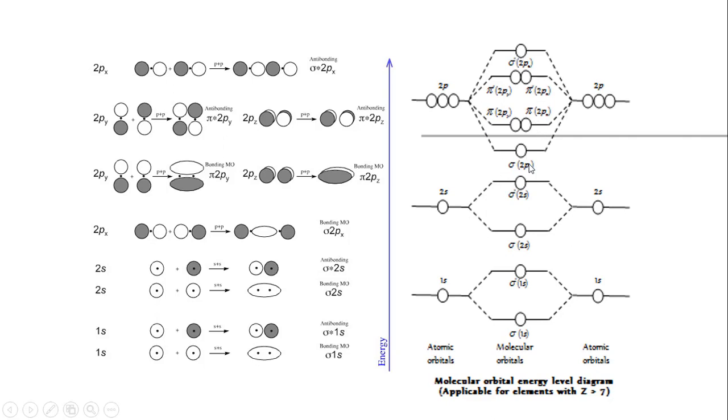Among them, the sigma, this means atomic number greater than 7. So this molecular orbital energy level diagram is used for molecules with atomic number greater than 7. That means more than 7, after the nitrogen atom.